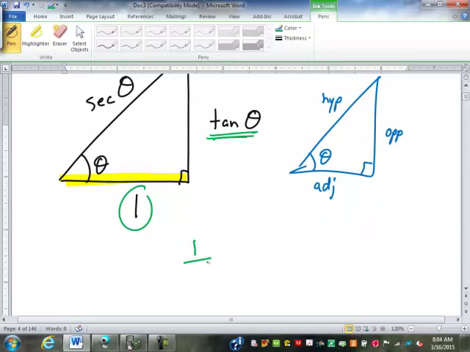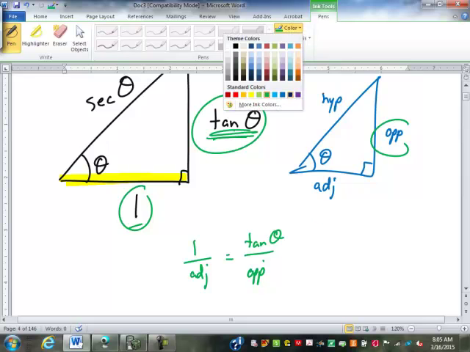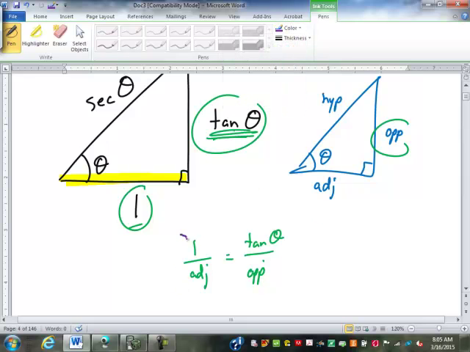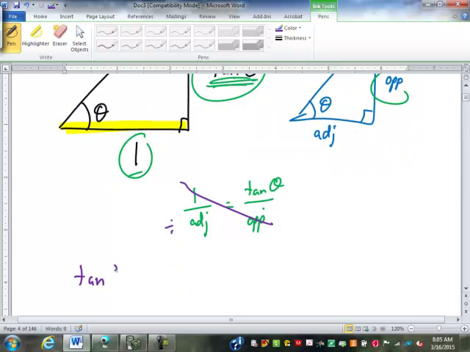What side from the other triangle matches up with it? The adjacent. So if I'm looking for tangent, that goes with the 1. So tangent will go here. What's going to go down here? The tangent matches up with the opposite side. So if I do the cross multiplying here, it'll be 1 times opposite divided by adjacent. Which means the tangent of that angle is the length of the opposite side divided by the length of the adjacent side.